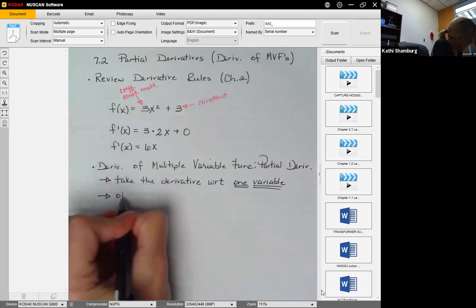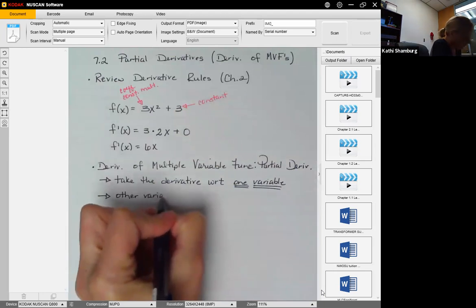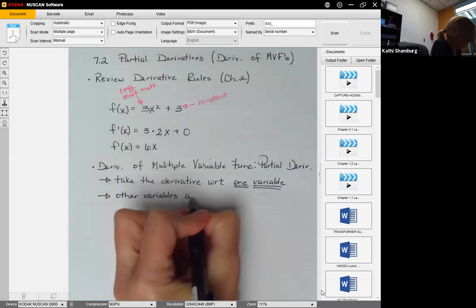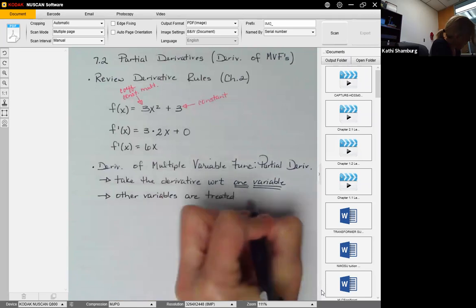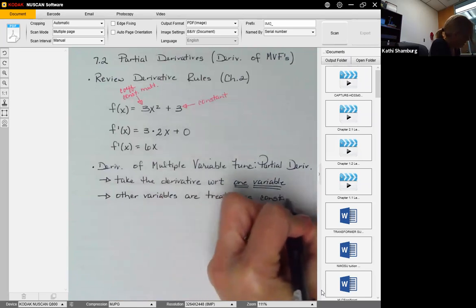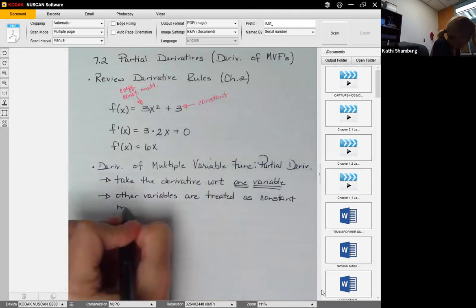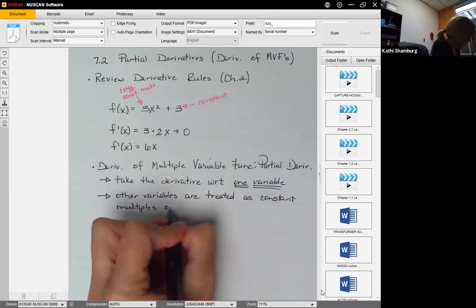So what do we do with the y? So the other variables are treated as constant multiples or constants.